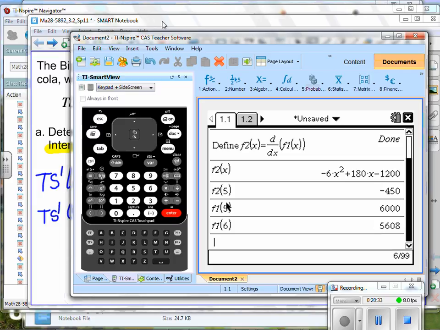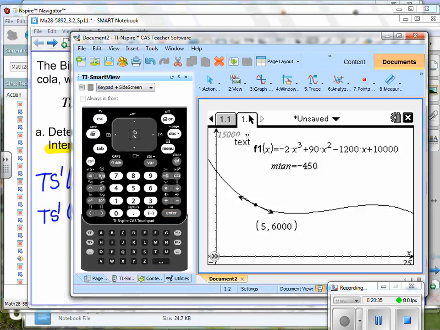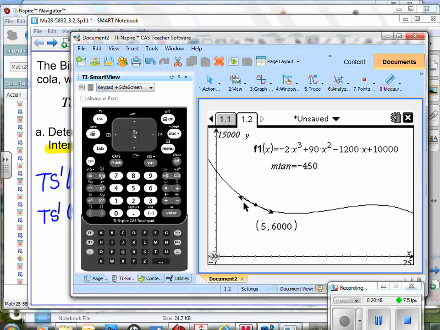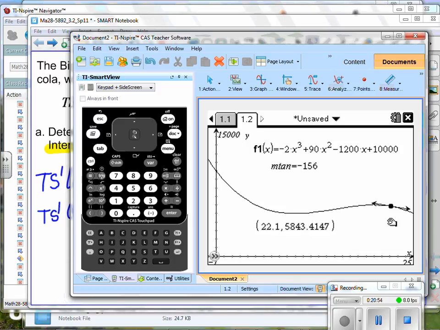We're actually not looking at 5. The problem is actually saying between 10 and 25 million. Now, why would we be looking at between 10 million and 25 million?